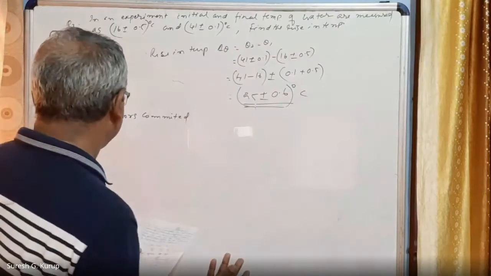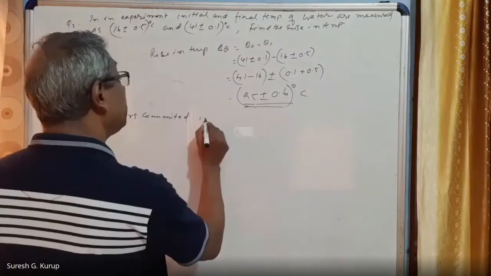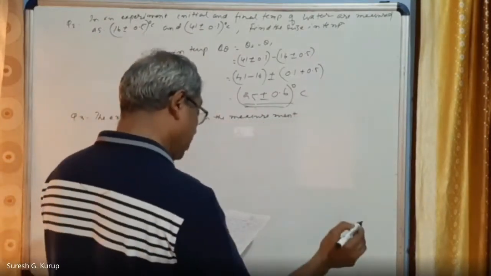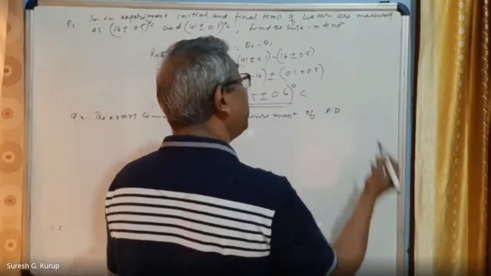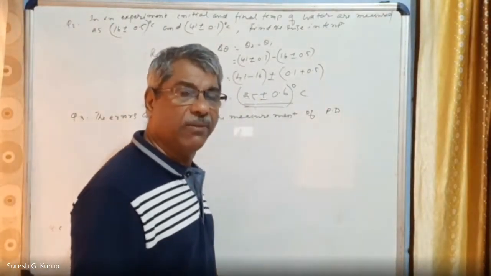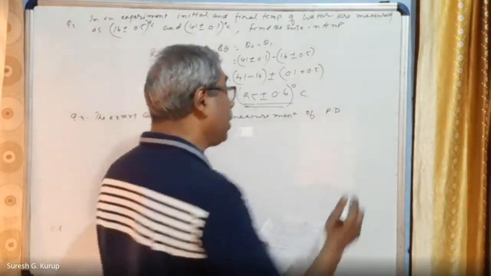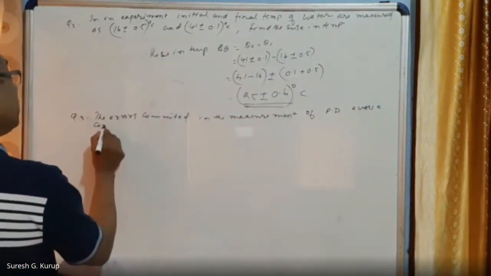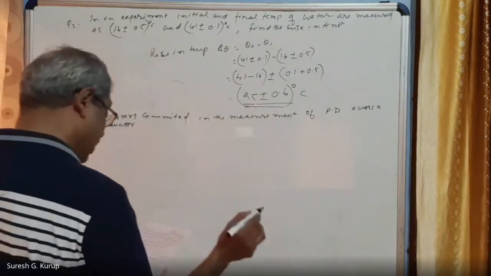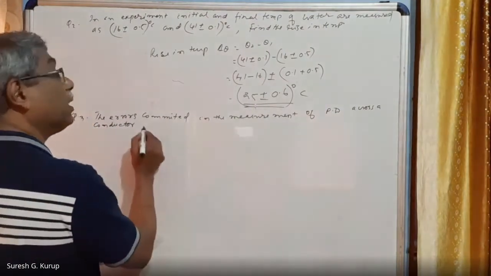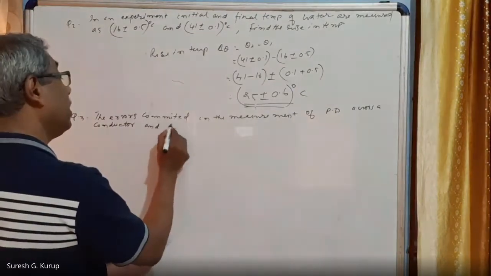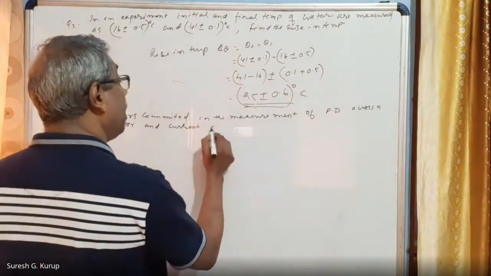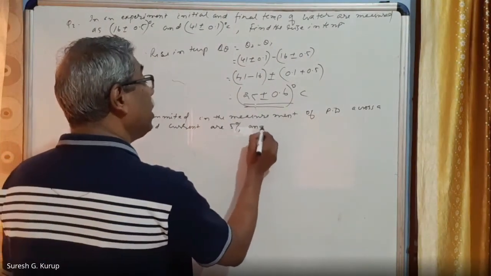So the error committed in the measurement of potential difference. I write PD here. Potential difference and electric current are common terms in electricity. Potential difference across a conductor and current are 5% and 2%.